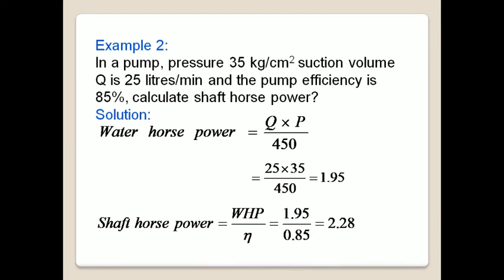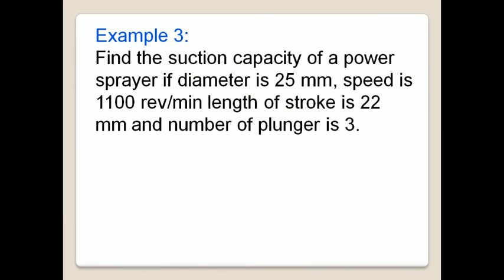So shaft horsepower can be calculated by the formula WHP divided by the pump efficiency. So pump WHP is calculated 1.95 and the pump efficiency is 0.85 in fraction, and we will get shaft horsepower as 2.28.